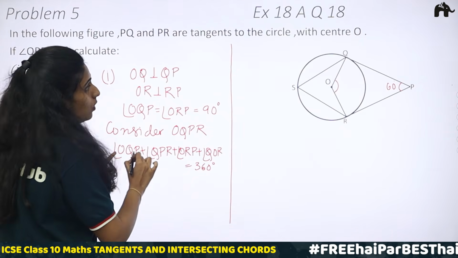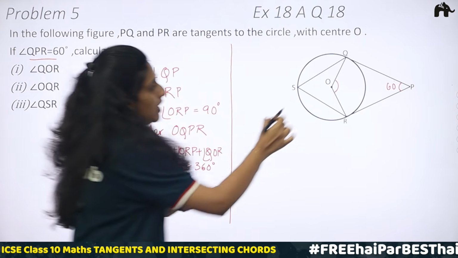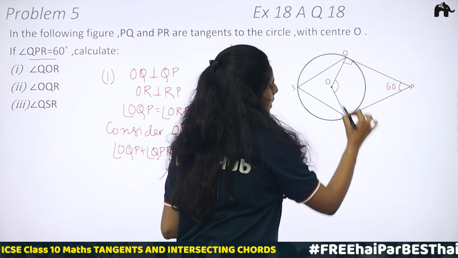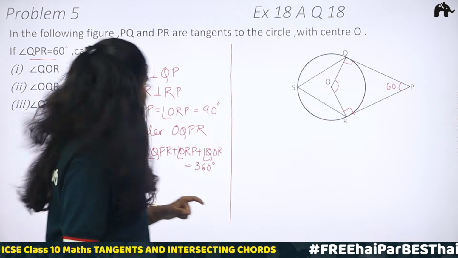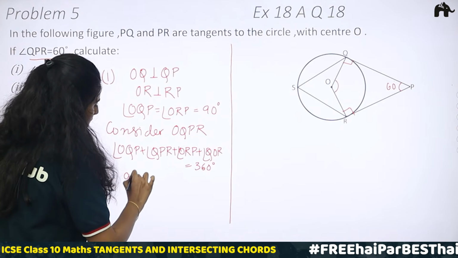Put the values. OQP will be 90 degrees. Similarly, ORP is also 90 degrees. OQP 90 degrees.